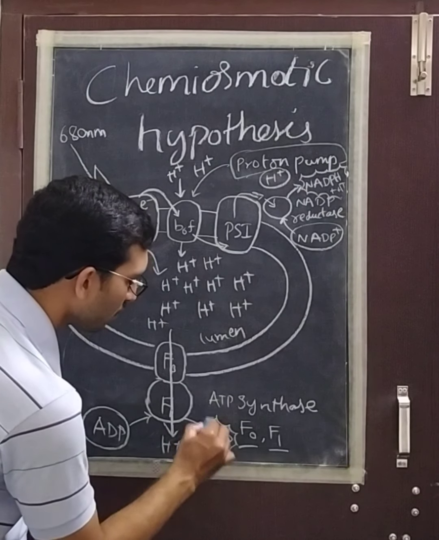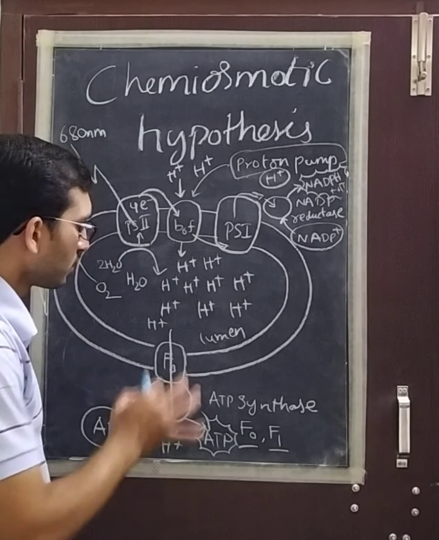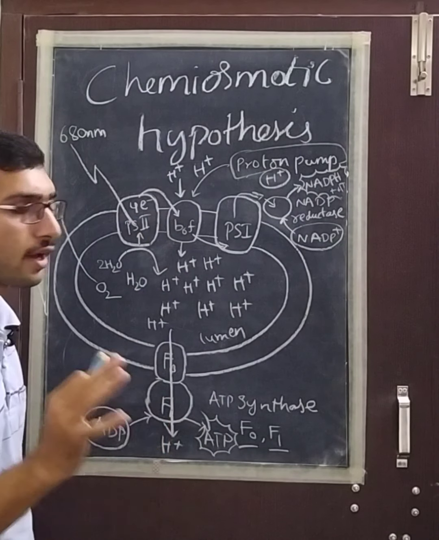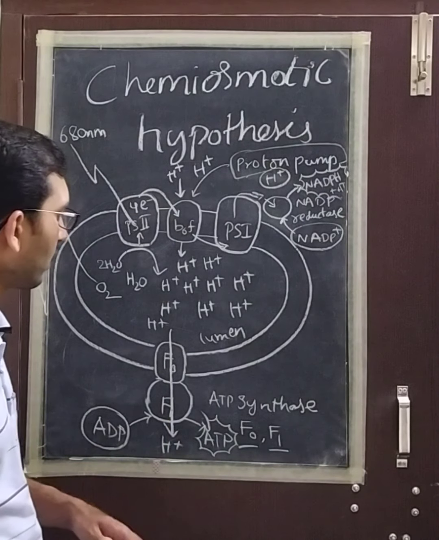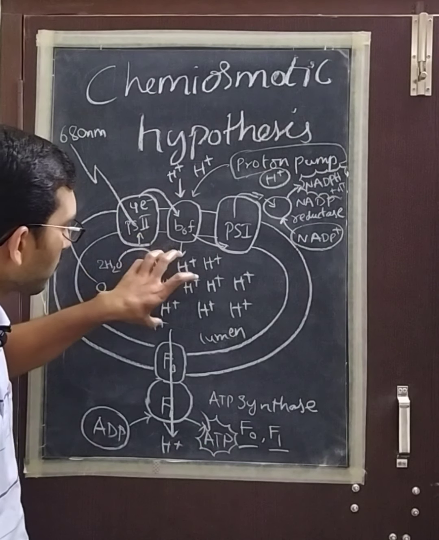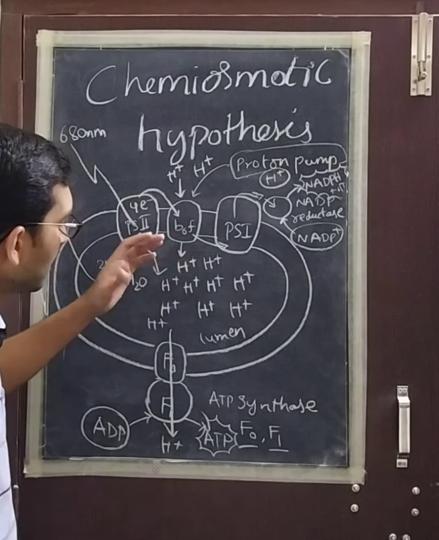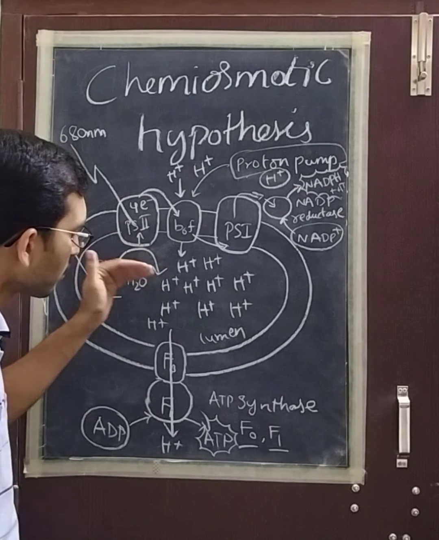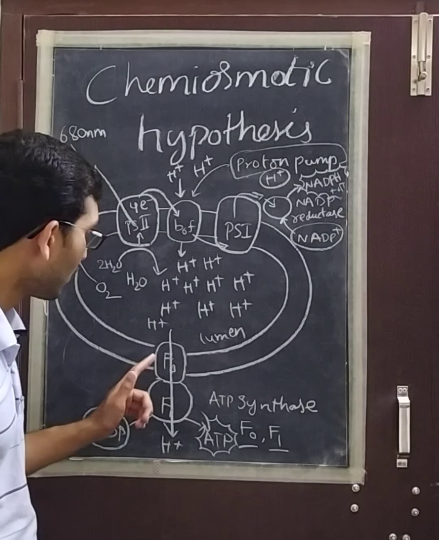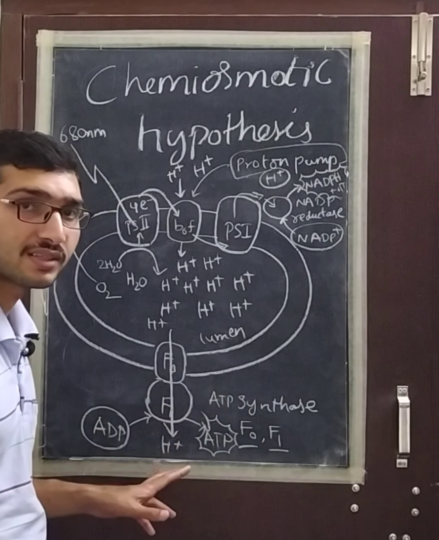ATP means adenosine triphosphate. So this is what we are going to observe in the chemiosmotic hypothesis. So how is a cell going to make ATP molecules? When the H plus concentration increases, these increased H plus ions will move towards where there is less concentration with the help of ATP synthase.